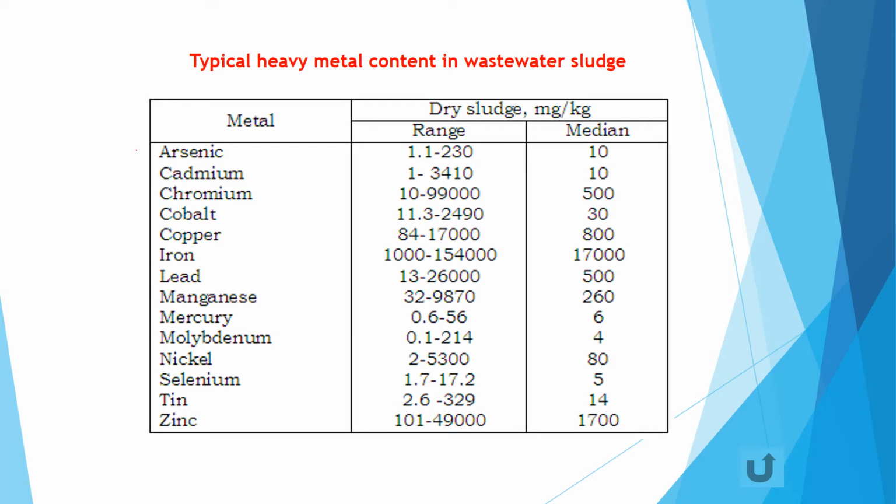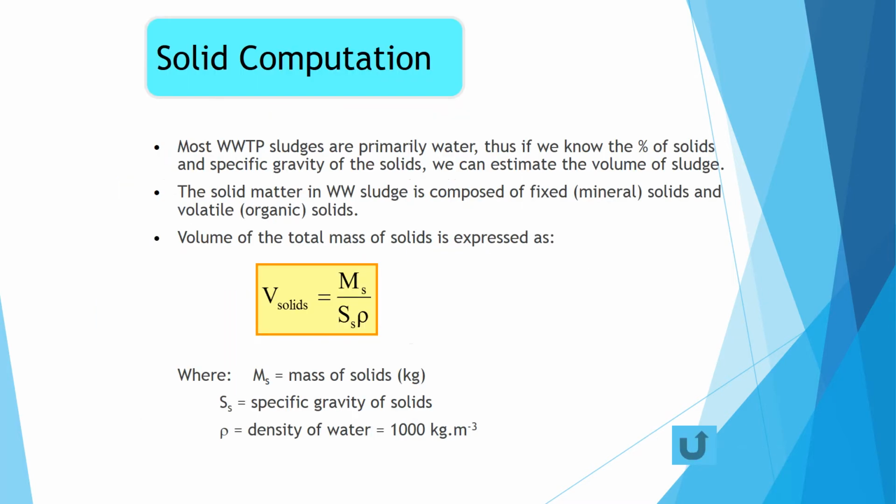This is an example of the metals which might be in the wastewater sludge, such as arsenic, cadmium, chromium, cobalt, copper, and so on. Okay, the next characteristic is the solid composition. Most of the wastewater sludge is primarily water. Thus, if we know the percent of solid and specific gravity of the solid, we can estimate the volume of sludge which needs to be treated.